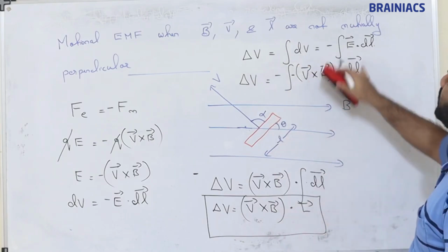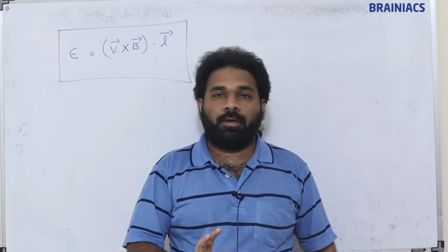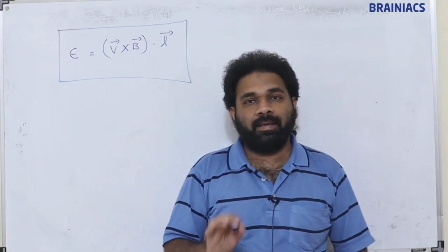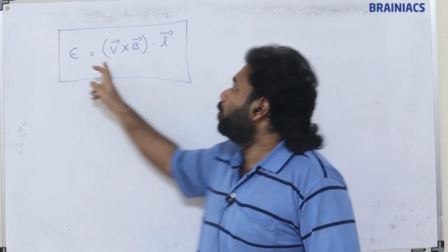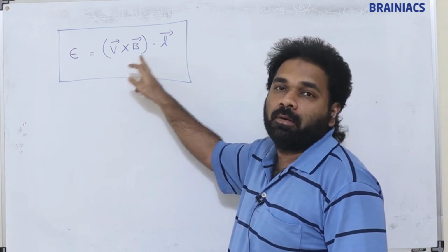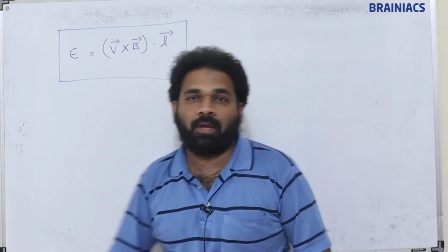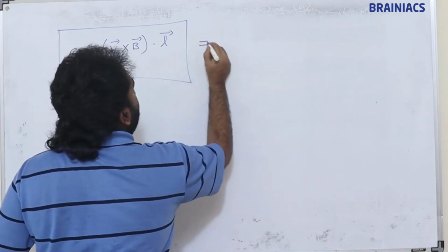So substituting the value of E, the motional EMF E is equal to V vector cross B vector dot L vector. Here this is called the scalar triple product.